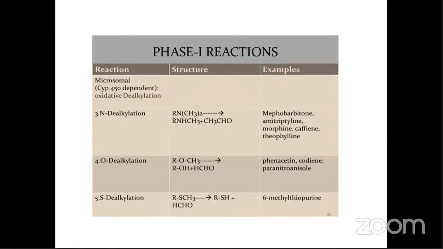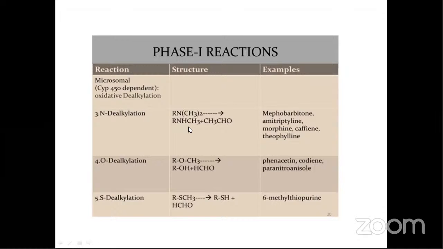Then microsomal CYP450 dependent oxidative dealkylation. Oxidation will be there with the dealkylation, that is removal of a methyl group or ethyl group, any alkyl group. Here it is N dealkylation.